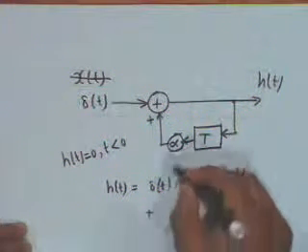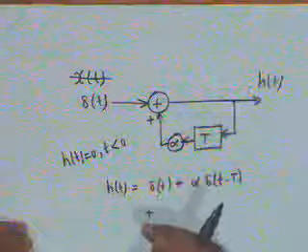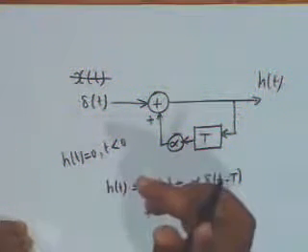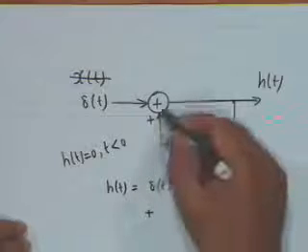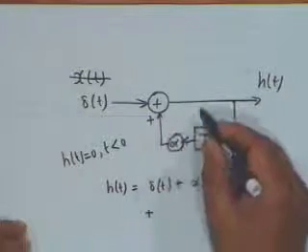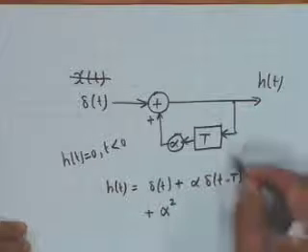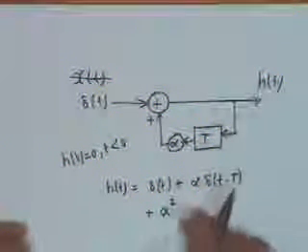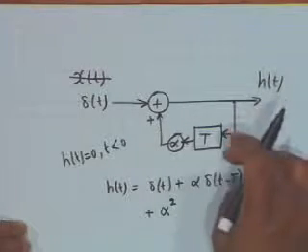Similarly, if you keep on watching the output, twice capital T later, another impulse shall come which shall circulate this twice, and therefore the gain shall be alpha squared. It is the same alpha delta t minus capital T which now goes around again.